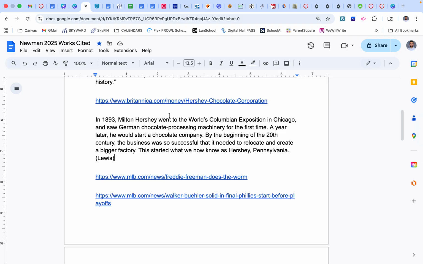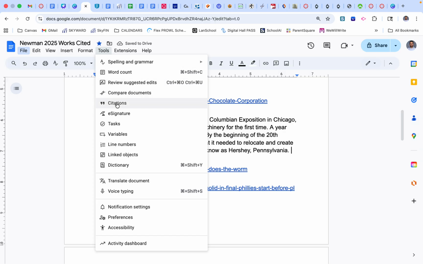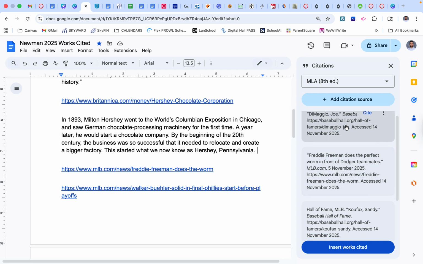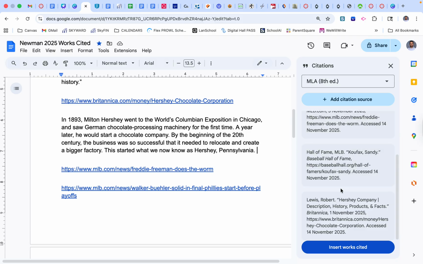So let's say you're writing and you want to do an in-text citation. All you need to do is go back to Tools and back to Citations where you went when you were trying to make your works cited into MLA format. And because it's saved, you should have every single one of your citations that you can scroll through right here on the right.